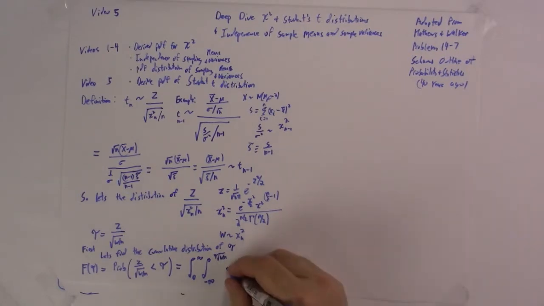So I have e to the minus z squared over 2 over the square root of 2 pi.